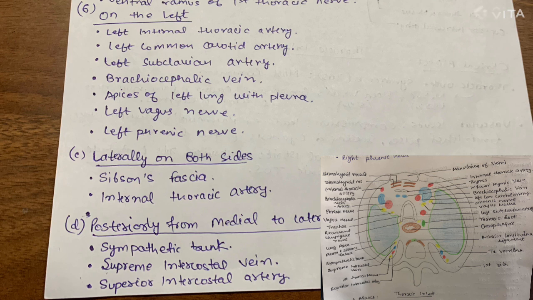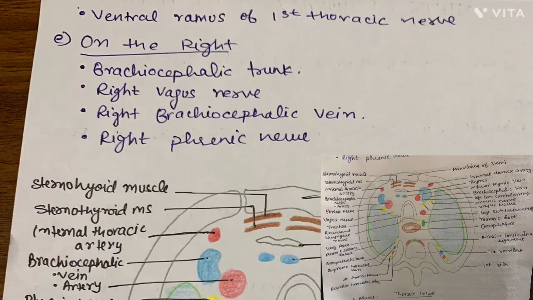And then, laterally on both sides, there is Sibson's fascia. It is a fascia present on the lateral sides, and there is the internal thoracic artery. Posteriorly, from medial to lateral, there is the sympathetic trunk, then supreme intercostal vein, then superior intercostal artery, and the last one is the ventral ramus of first thoracic nerve.